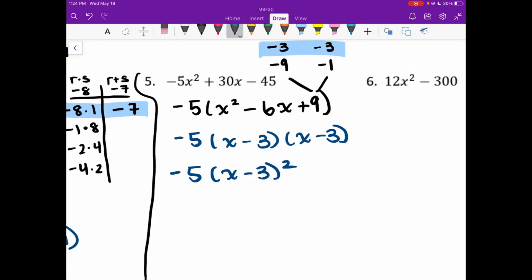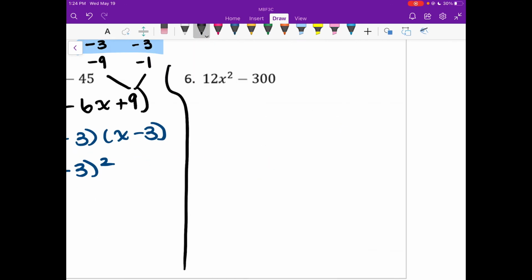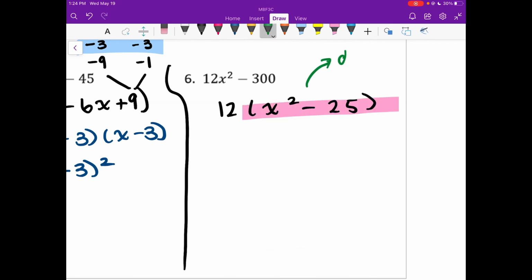Last but not least, number 6 here. First thing we're going to find out is, can I divide 300 by 12? It turns out I can, so I'm going to pull out the 12. x squared minus 25. This in here is a difference of squares, right? 25 is a perfect square, x squared is a perfect square.